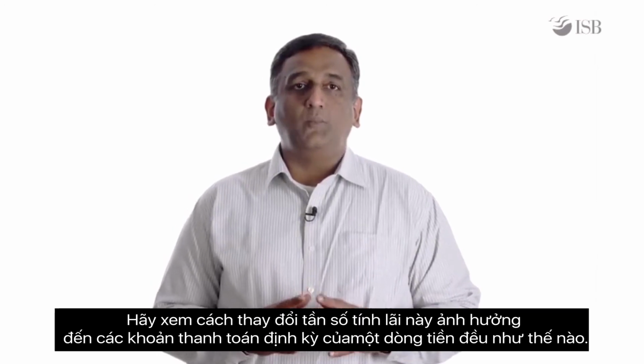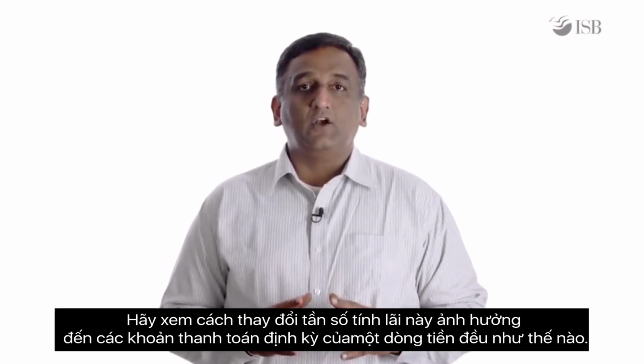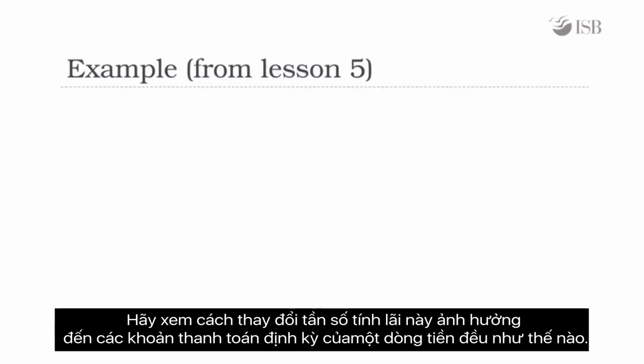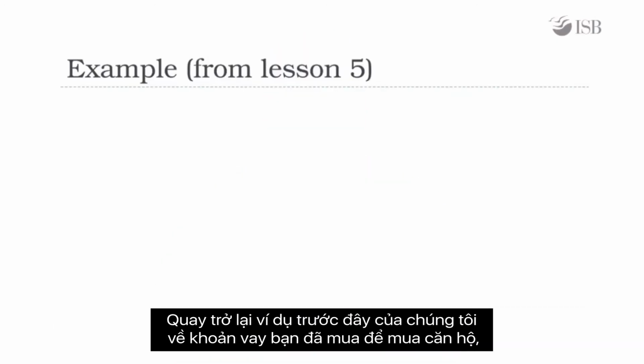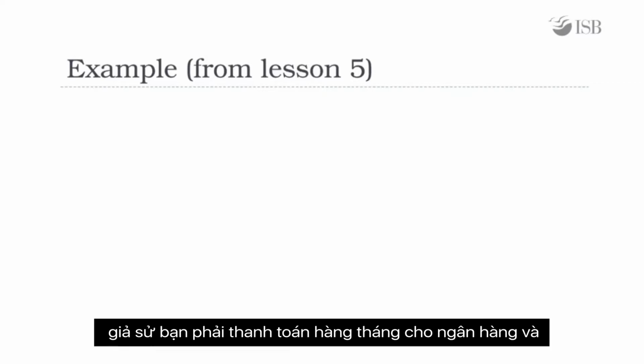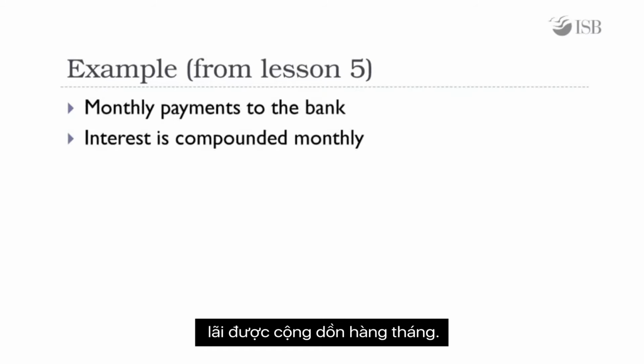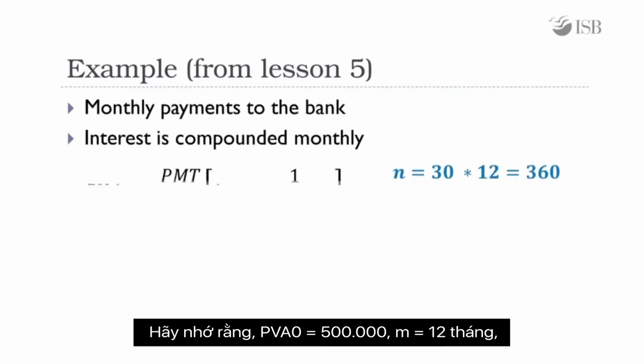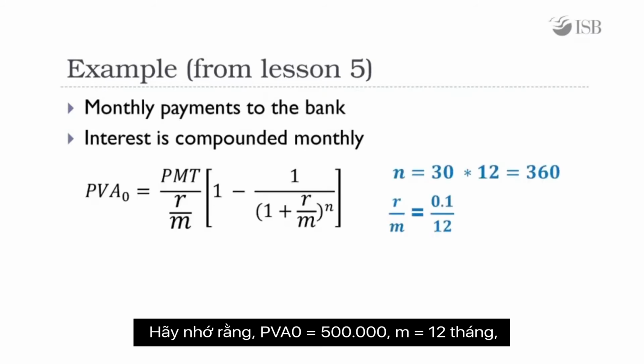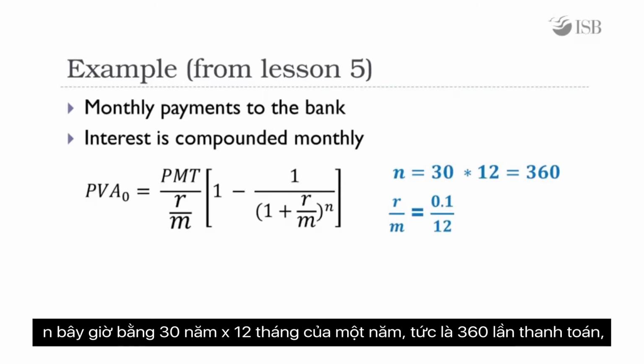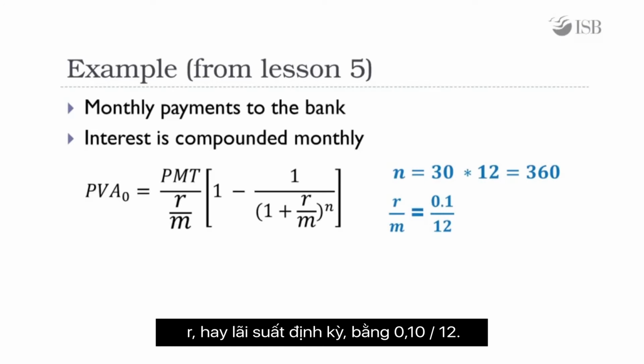Let's see how changing the compounding frequency affects the periodic payments of an annuity. Going back to our earlier example on the loan you took to buy the condo, let's say that you have to make monthly payments to the bank and interest is compounded monthly. Remember, PVA sub 0 equals 500,000, M is equal to 12 months, N now is equal to 30 years times 12 months a year, which is 360 payments. R over M, the periodic interest rate, equals 0.10 over 12.